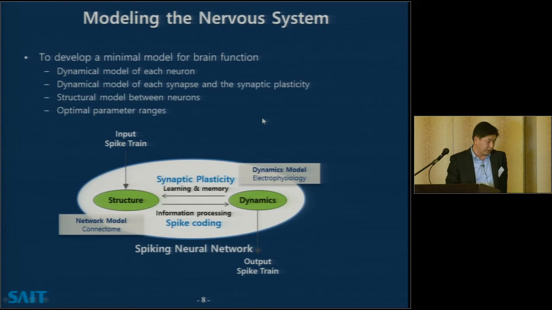We need to develop our own simulator, and also our own neuron simulator, and build a dynamic model of each neuron and each synapse. Also, we need to construct a structural model of the neurons. And we also do some work on optimal parameter range settings.